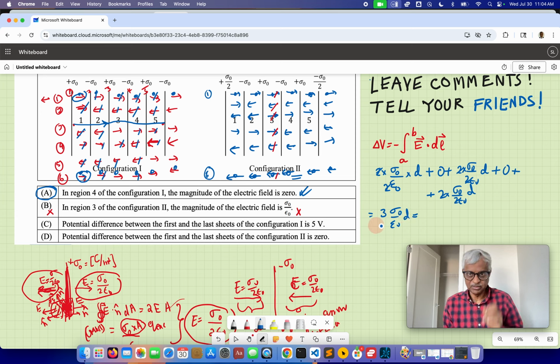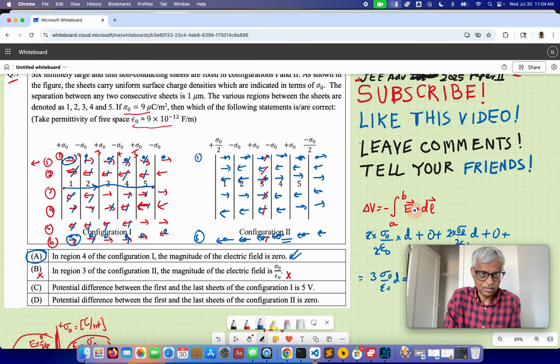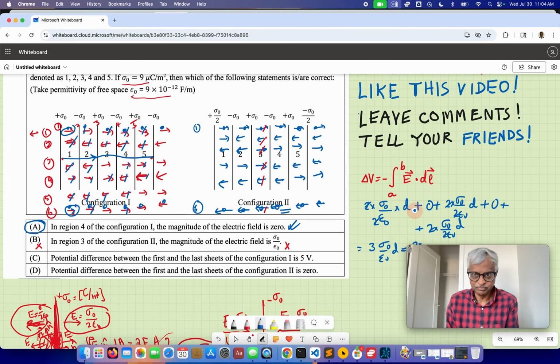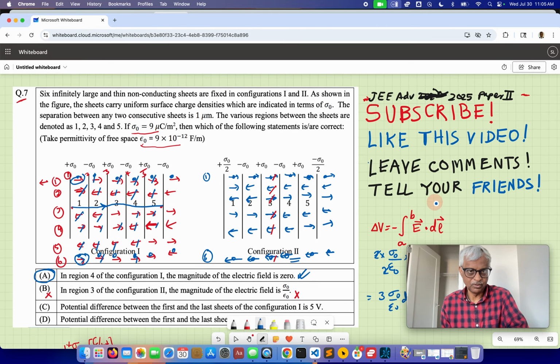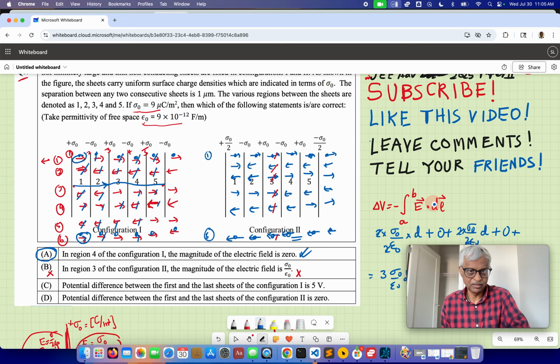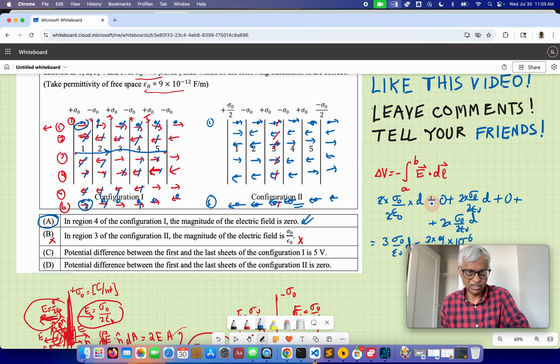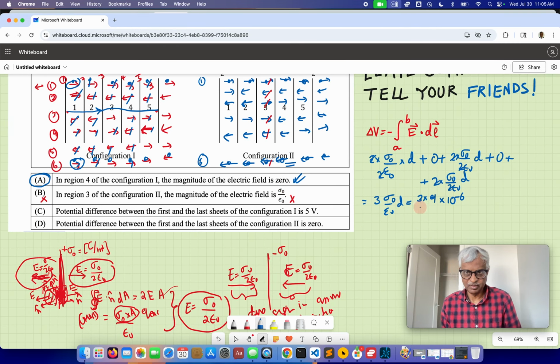I just have to figure out if it's going to be 5 volt. So 3 times sigma 0, which is 9 microcoulomb per meter square, so there's a 9 times 10 to the minus 6, and epsilon 0 is 9 times 10 to the minus 12, and d is 10 to the minus 3 in terms of meter.